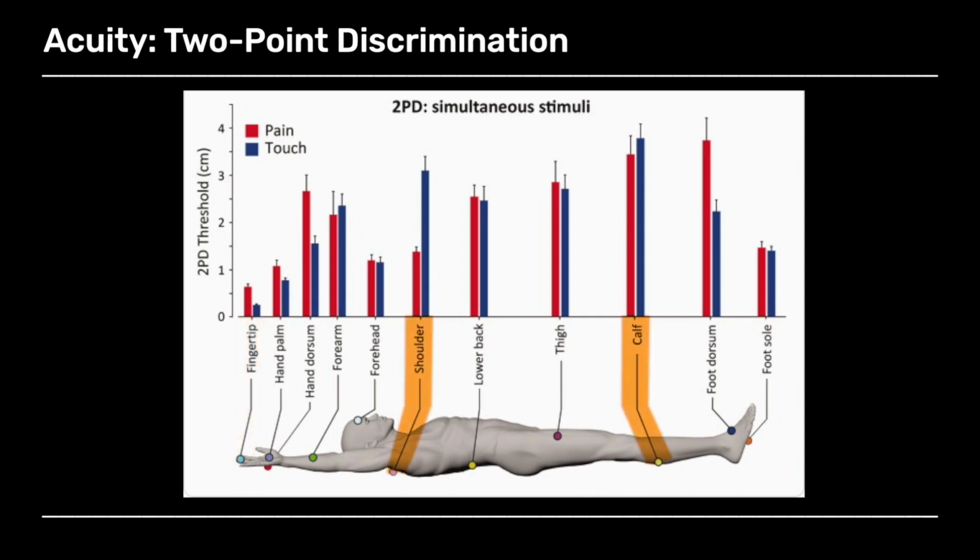Conversely, for the back of the shoulder or the calf, we can only distinguish between two stimuli if they're separated by more than 3 centimeters, which seems an amazing distance. So there is a really dramatic difference in acuity across different parts of the body.